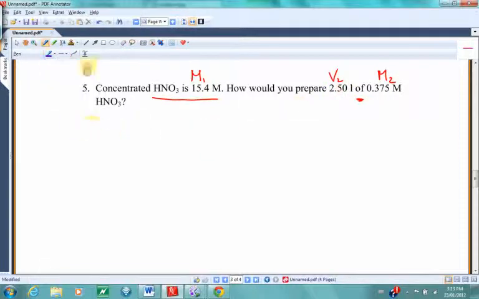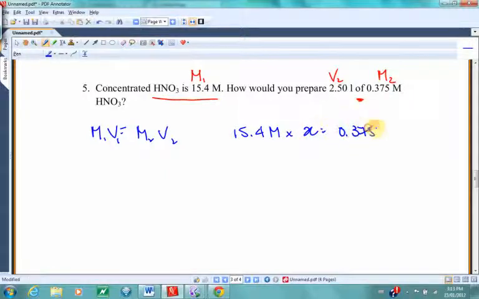M1V1 equals M2V2. So 15.4 molar times X equals 0.375 molar times 2.50 liters.